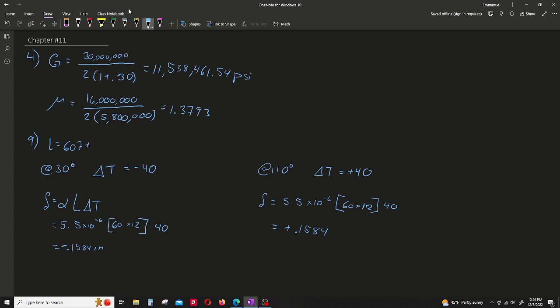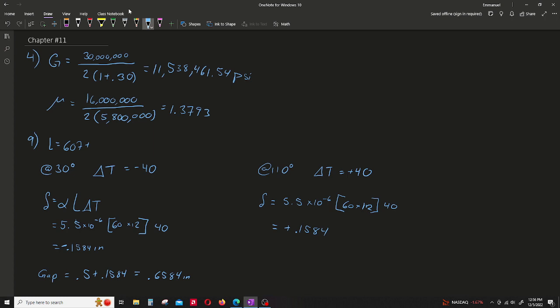And so the gap here is just going to be 0.5 plus 0.1584, which is going to give us a value of 0.6584 inches.